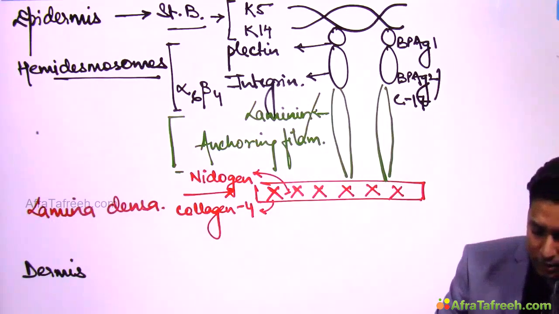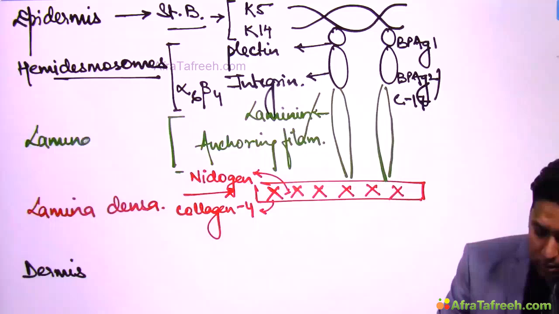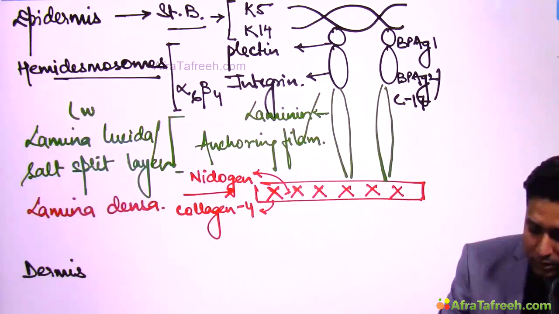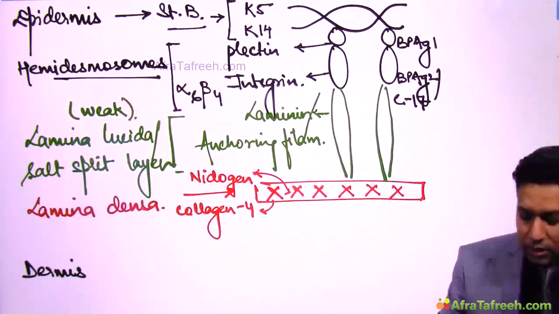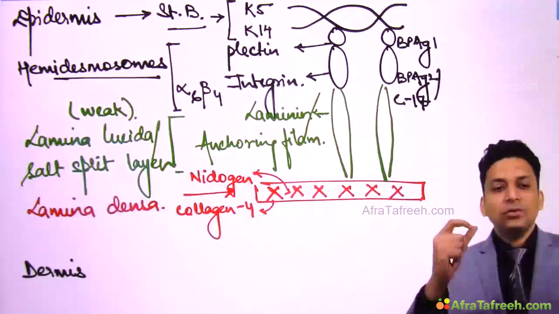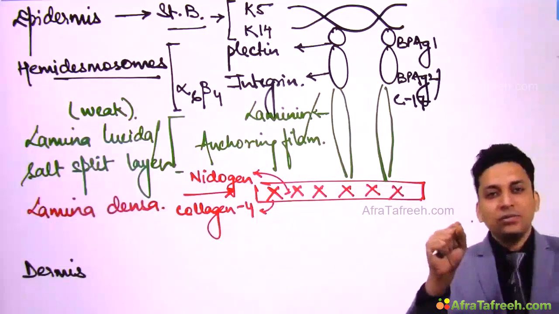And this layer is known as lamina lucida, also known as salt split layer. This is the weakest layer of dermoepidermal junction. So lamina lucida is known as salt split layer. Why is it known as salt split layer?